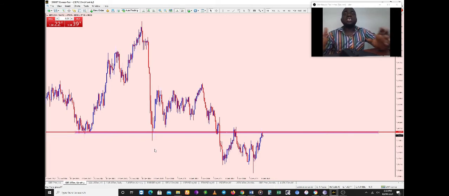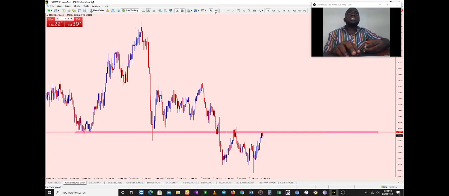So basically, these are the two main features of support and resistance. One, it is a zone, meaning that it is not one particular price you are looking at. And two, when a support is broken, it becomes a future resistance, and when a resistance is broken, it becomes a future support.